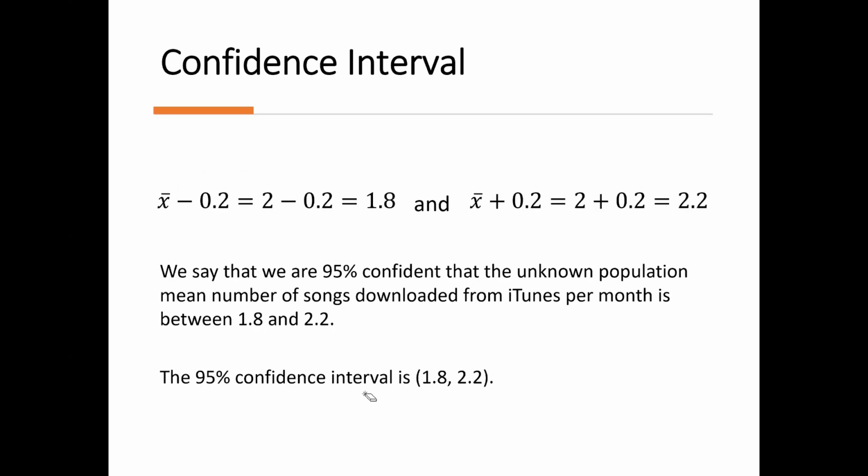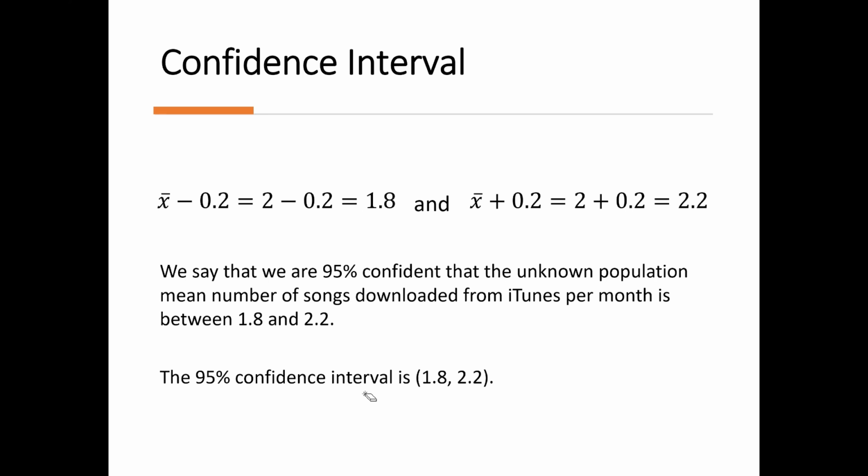Okay, so if we take X bar, which was 2, and we subtract 0.2, we get 1.8. If we take X bar and we add 0.2, we get 2.2. So we say that we are 95% confident that the unknown population mean number of songs downloaded from iTunes per month is somewhere between 1.8 and 2.2.